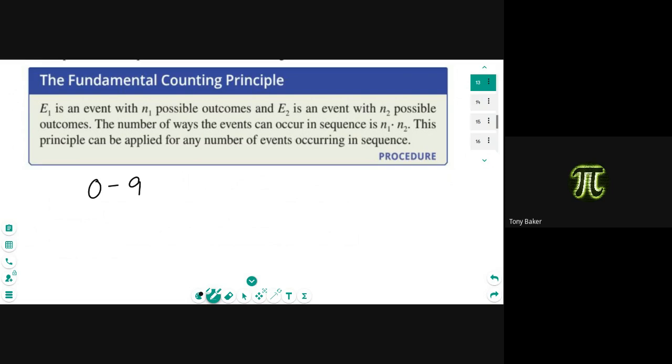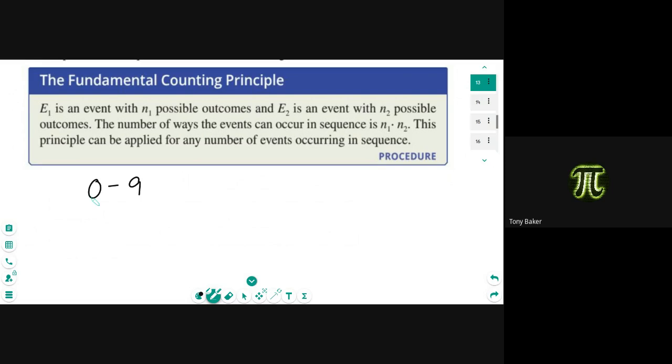How many different answers could there be? How many different tickets could there be? As soon as I tell you the answer, you guys are going to be really mad. Yes, you could pick the same number twice.